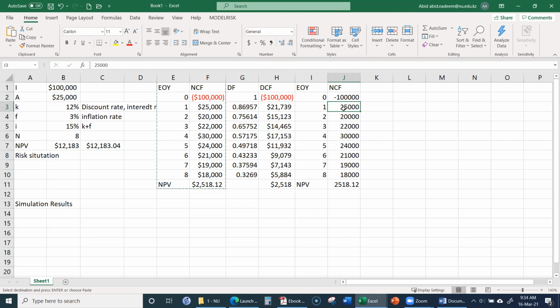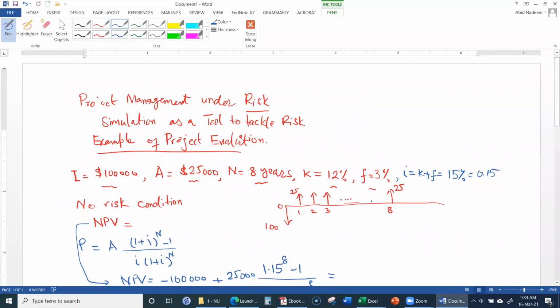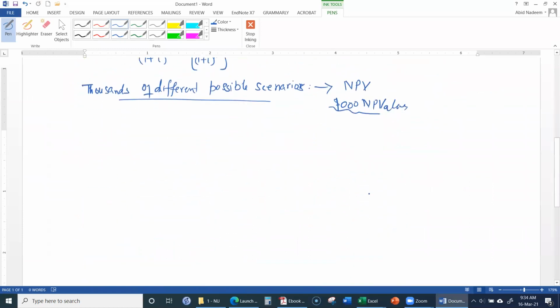Suppose that this $25,000, which was our initial estimate for the annual benefit, varies in a manner which is normally distributed. So what is the normal distribution? The normal distribution is something like this.